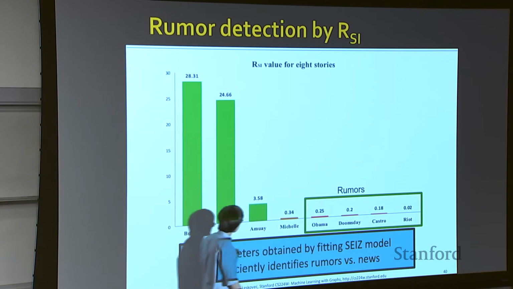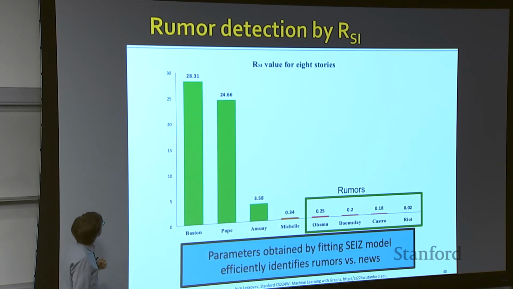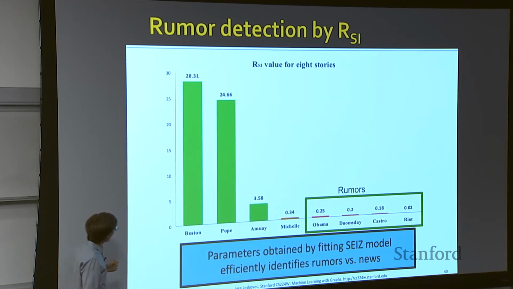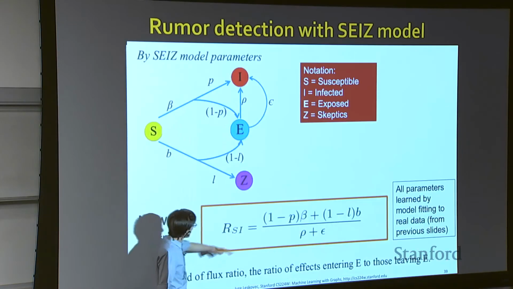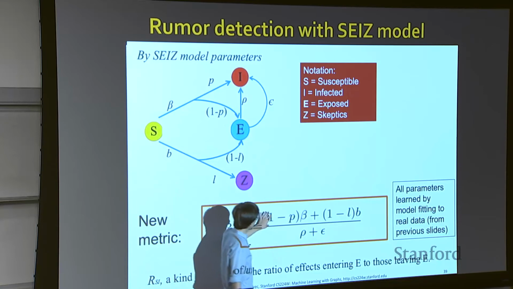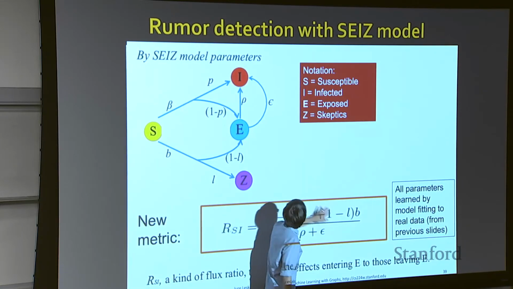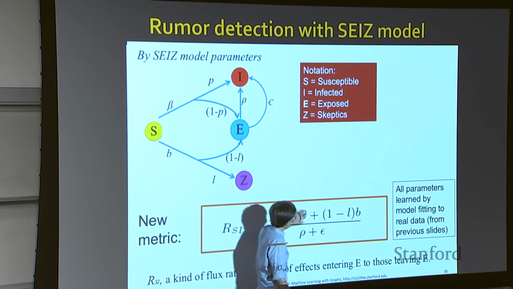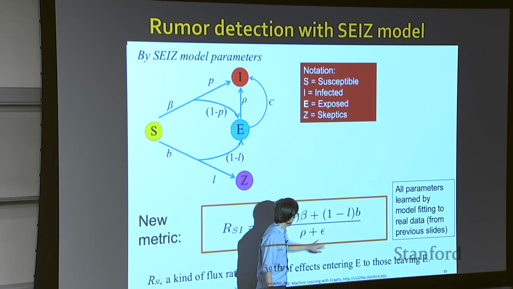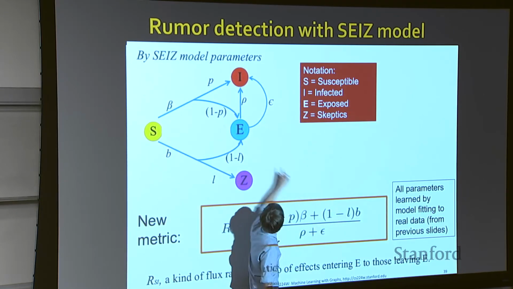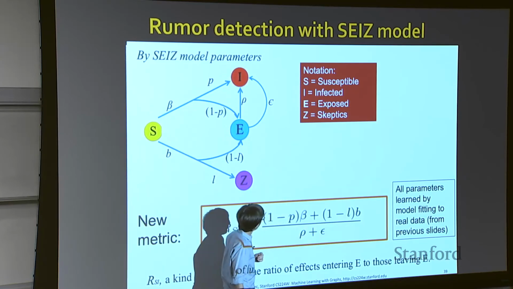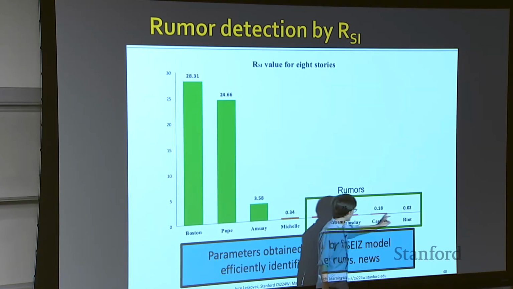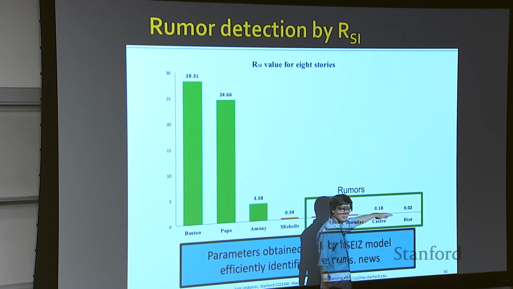So what does this mean? It means the following. For real events, this ratio is greater than 1. So the number of people who get into the exposed bucket is far greater than the number of people who are getting into the infected state, who are retweeting. While for fake news or fake stories, they find this ratio to be low.